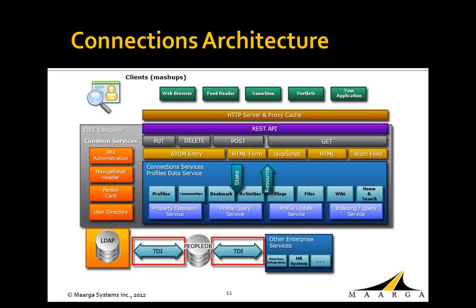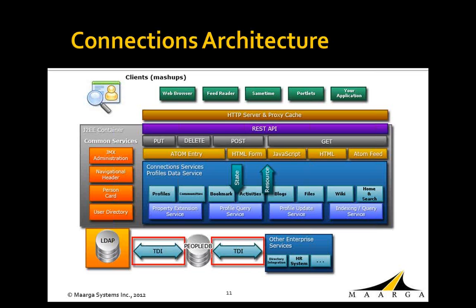The navigation header allows all installed features to be aware of one another and provide consistent web navigation to the users. Person card is just like the business card information of the user's profile. User directory is the directory used by IBM Connections for authorization and authentication.